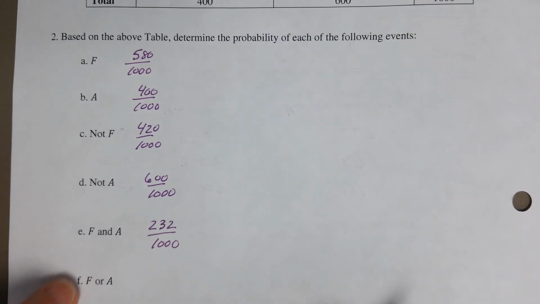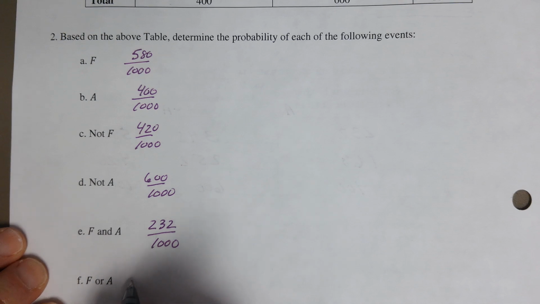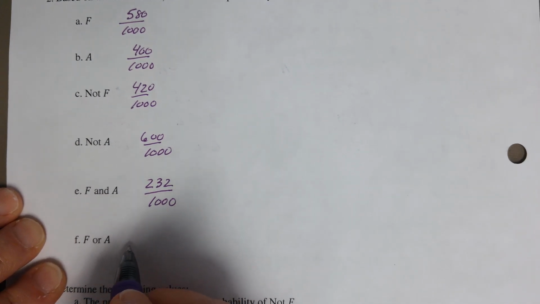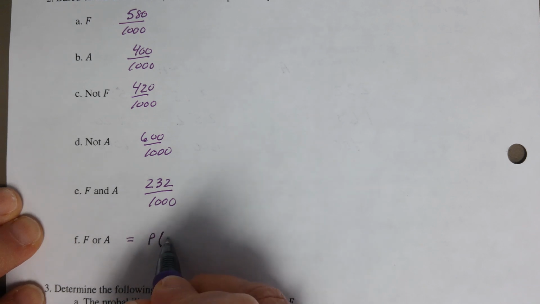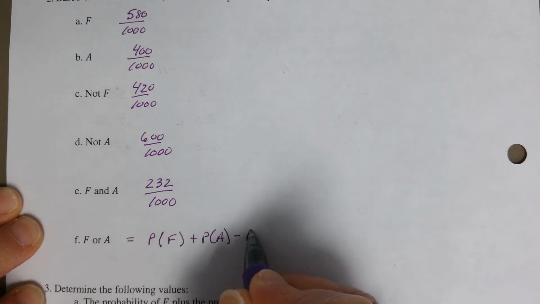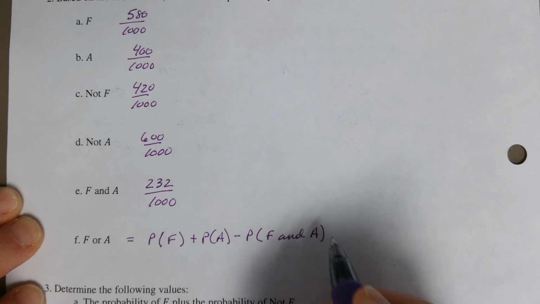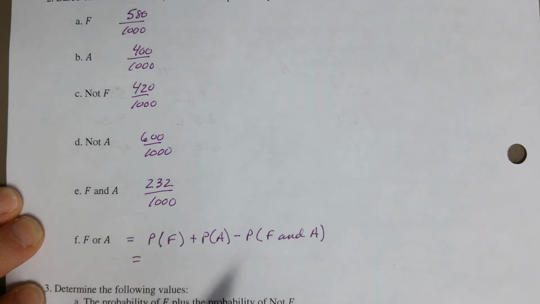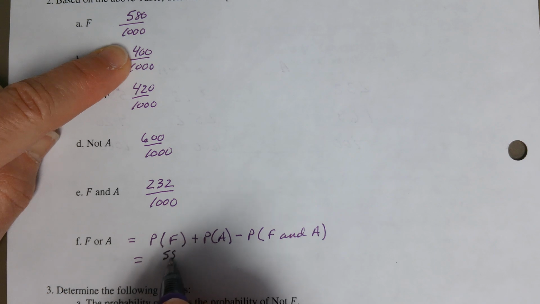Probability of F or A. Remember, let's use our formula. Probability of F or A is going to equal the probability of F plus the probability of A minus the probability of F and A. Probability of F is here, 580 over 1,000.